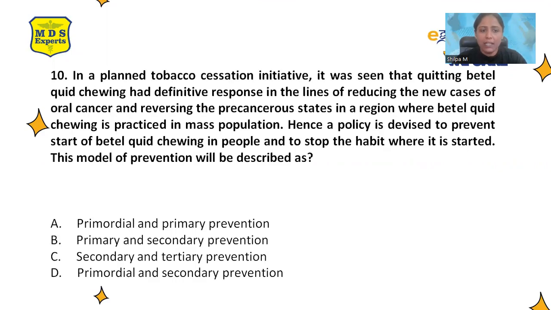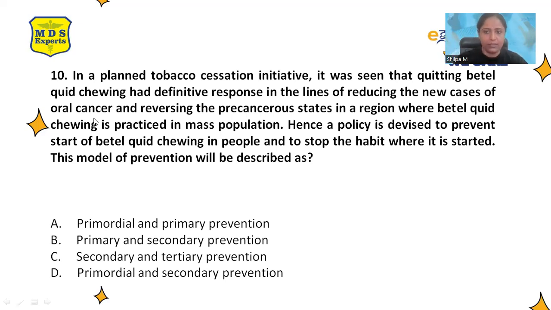Next question, it is a little big question. So we look into the words properly. We have to note down some important words in this big question. In a planned tobacco cessation initiative. So we know it is a tobacco cessation program. They saw that betel quid chewing quitting has a response in that new cases of cancer are reduced. So we'll underline this, reducing new cases of oral cancer.